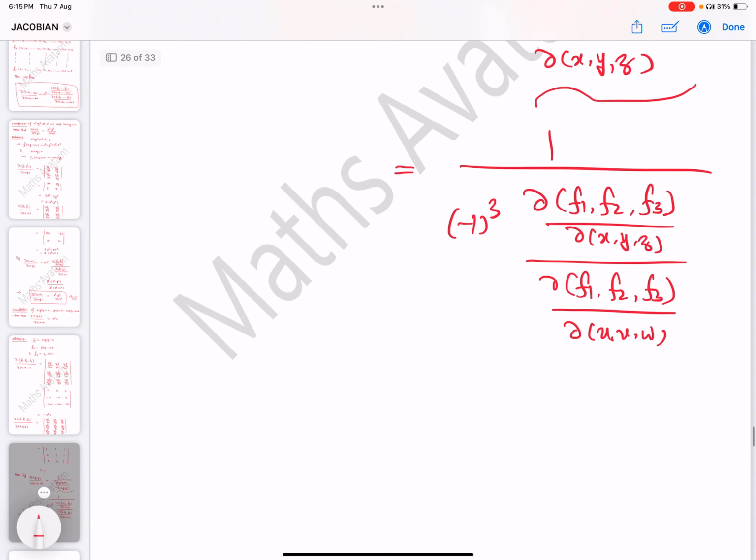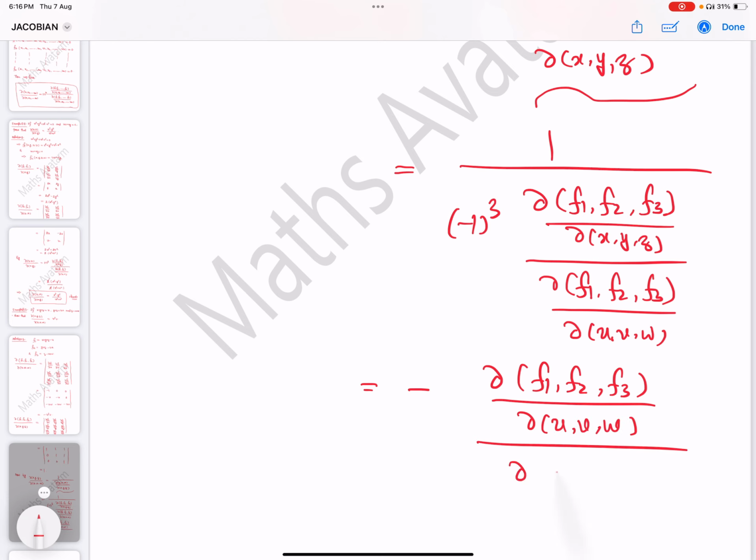Okay. So minus 1 to the power 3 means minus. So it is del (f1, f2, f3) with respect to (u, v, w) upon del (f1, f2, f3) with respect to (x, y, z).